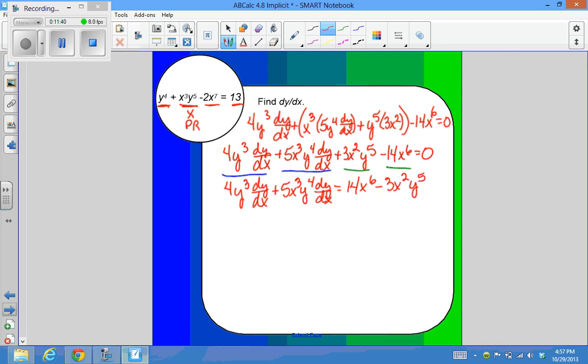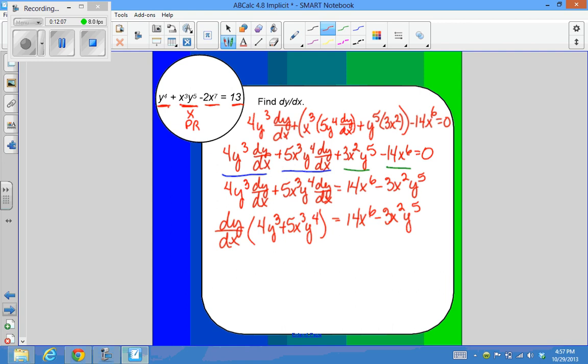No problem. Dy dx is in common on the left-hand side. Factor that out. We are almost there, y'all, and this has been relatively painless. Dy dx times 4y cubed plus 5x cubed y to the 4th, close it up, equals your 14x to the 6th minus 3x squared y to the 5th.